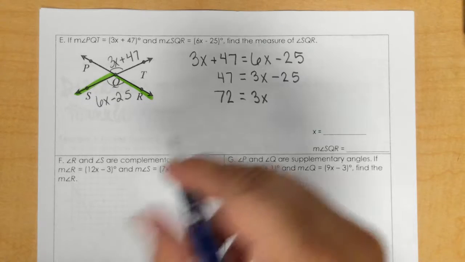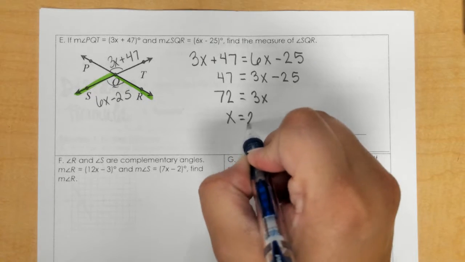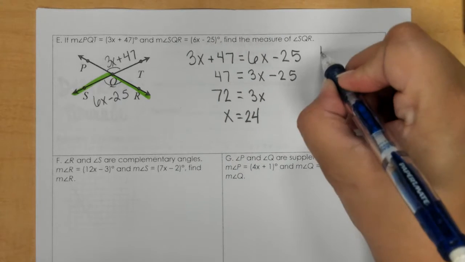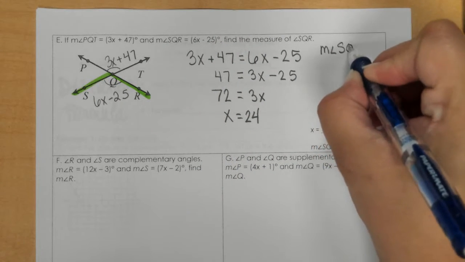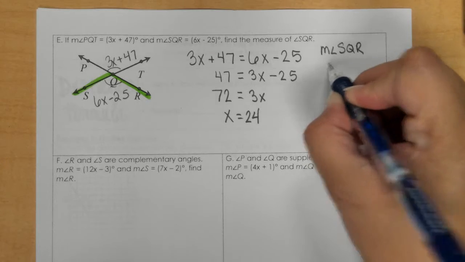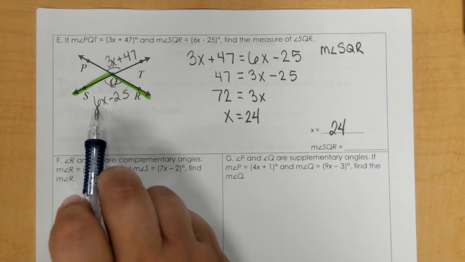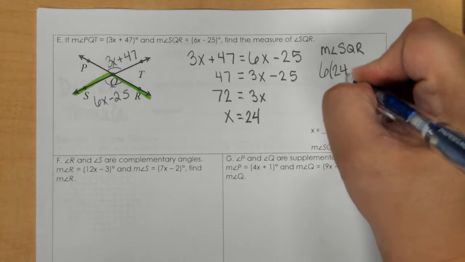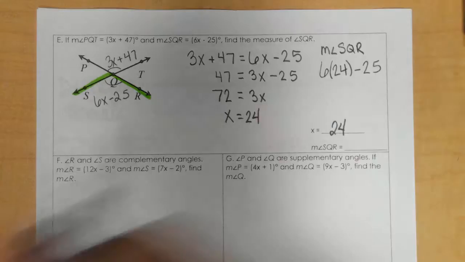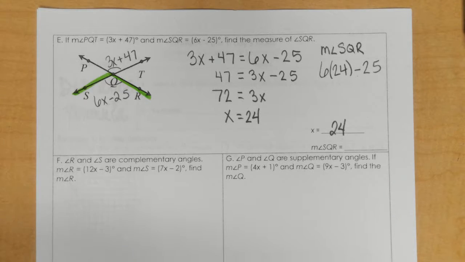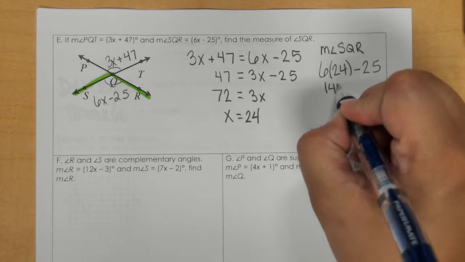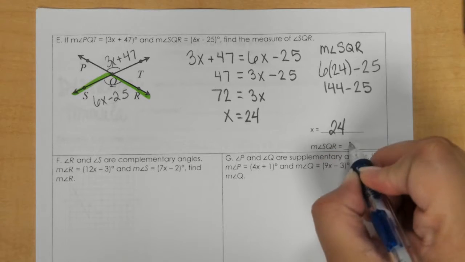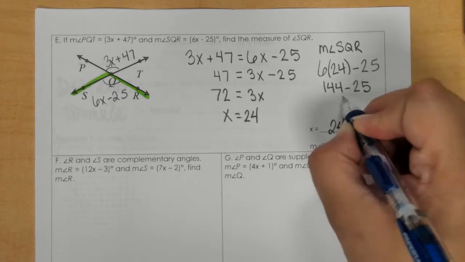If I divide by 3, x is 24. Now, to find the measure of angle SQR, I have to plug that 24 into this expression here. So 6 times 24 minus 25. So 144 minus 25 is 119 degrees.